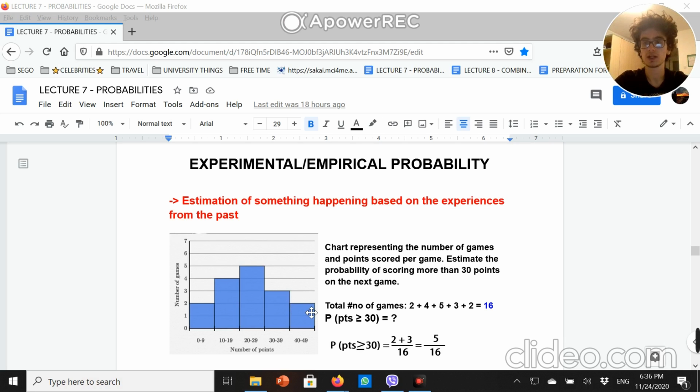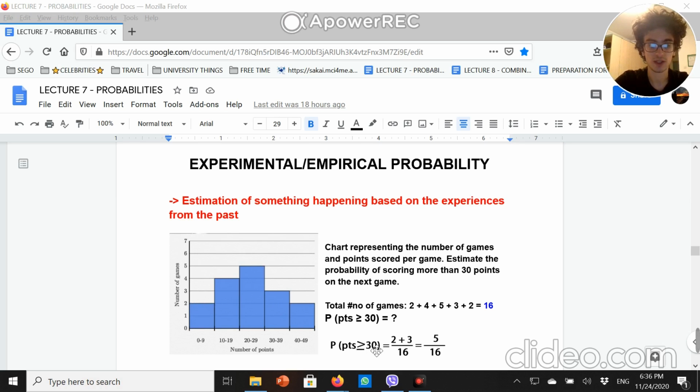And now, knowing that, we ask ourselves, what is the probability of getting 30 or more points on the 17th game? Right, on the next game. So let's take a look at the probabilities of scoring 30 or more points. So here and here. These are two areas that we're interested in, right? And we will see the number of games where we scored between 30 and 39 was 3, and the number of games where we scored between 40 and 49 is 2.